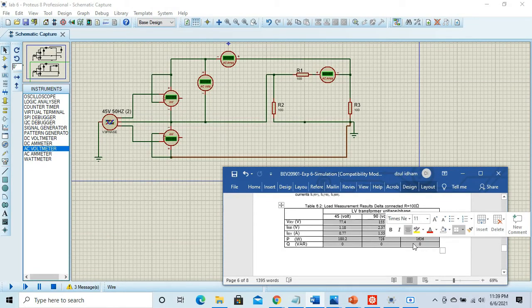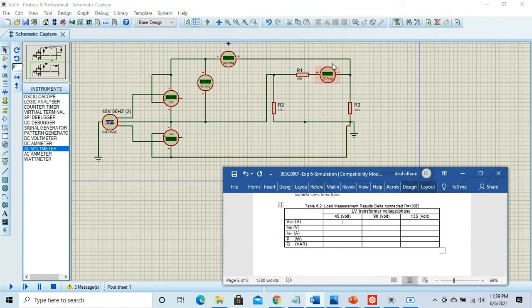It is required to measure VRY, the voltage from R to Y, which is this line voltage, and IRR, which is the line current R to R, and IRY, which is the phase current from R to the point Y, and the power meter also.